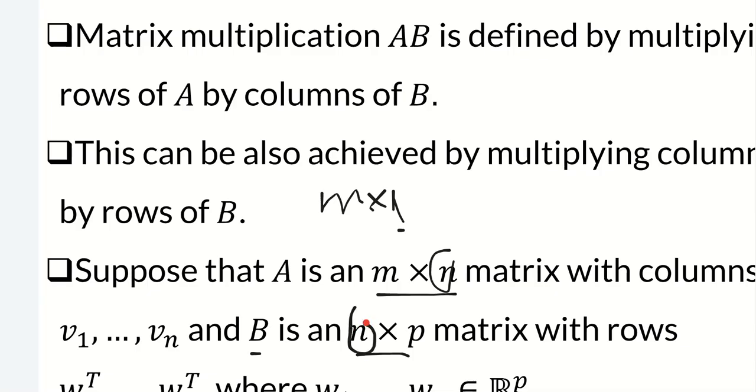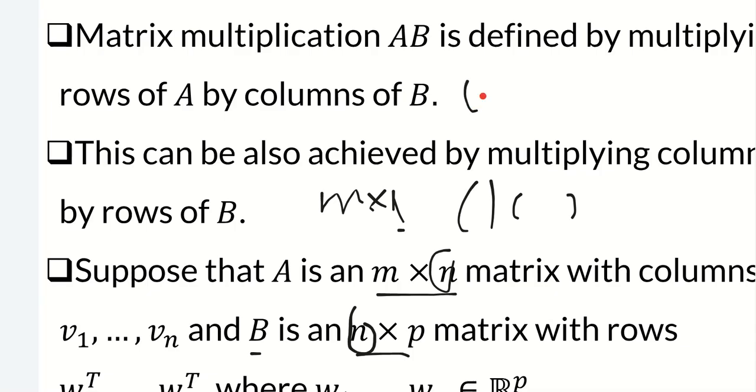N rows, right? Now you remember I said at first that you cannot multiply two column matrices. It's not possible. So what we do, we need to transpose one. So if I pick the column, it means I need to pick my row. You get it?